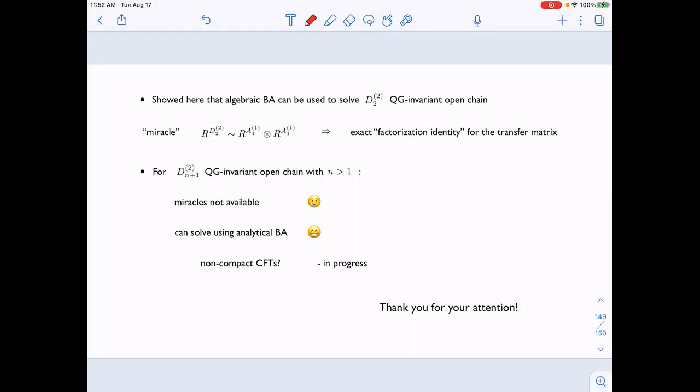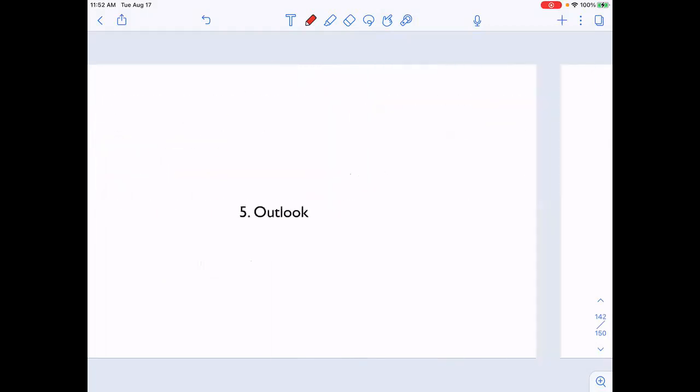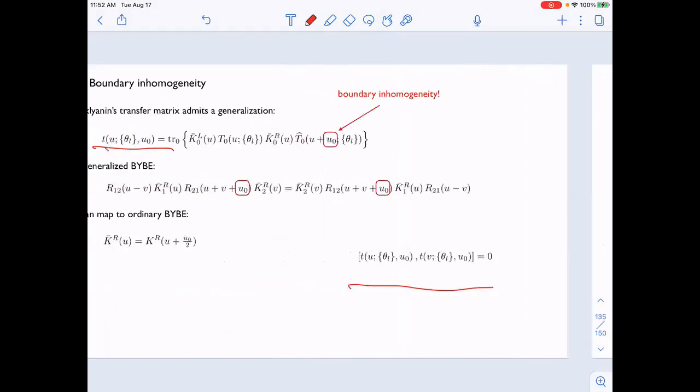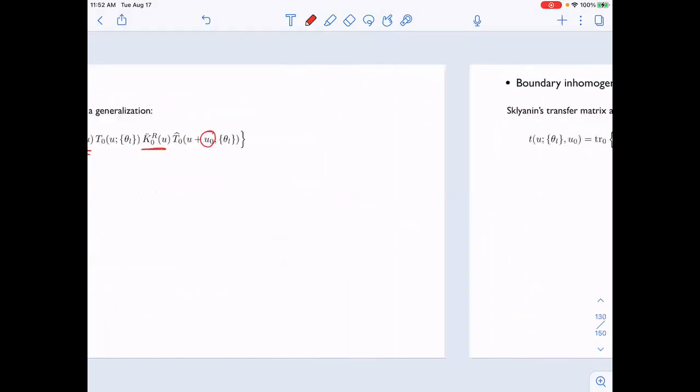Now, this operation of shifting the U's by I pi, could it be expressed in local terms as the action of some operator that depends on the spins? Well, isn't it complex conjugation, essentially? Isn't it this C?